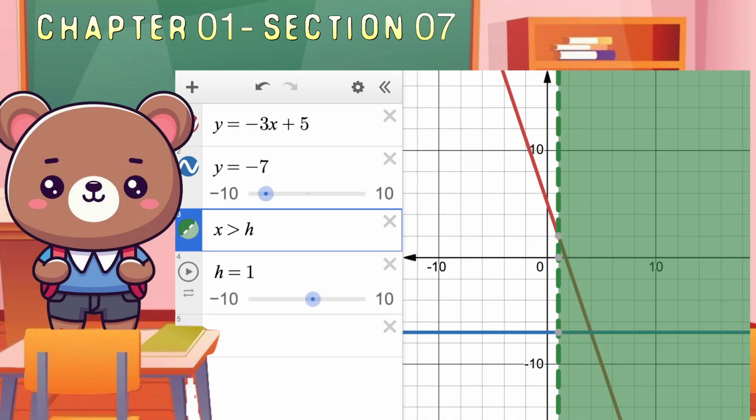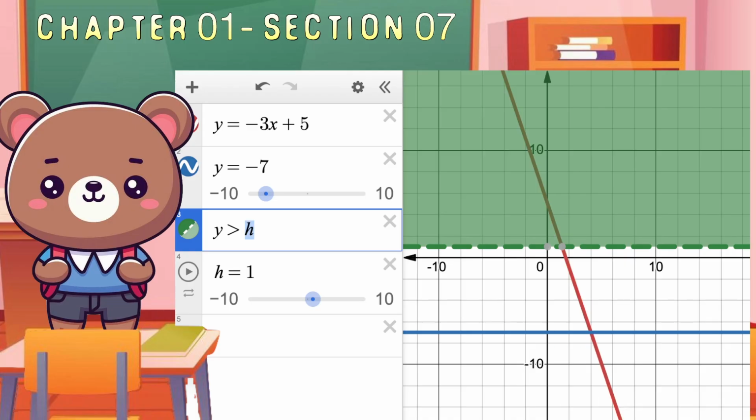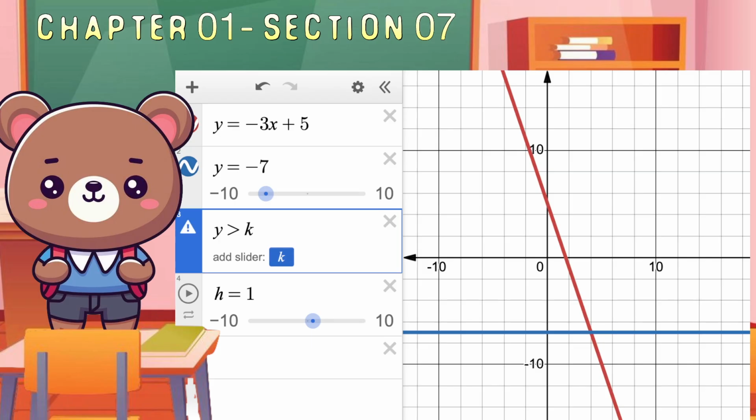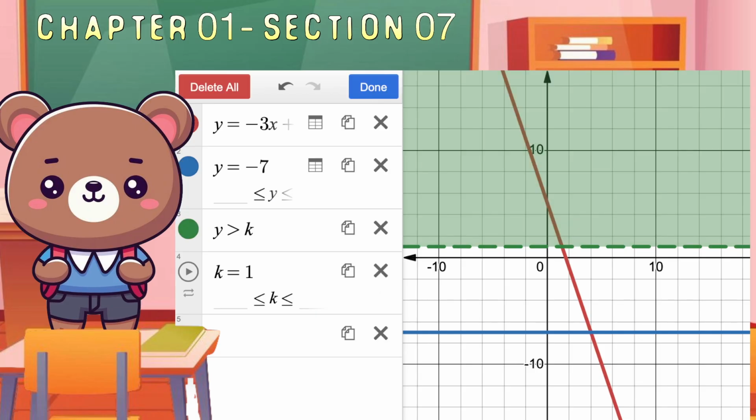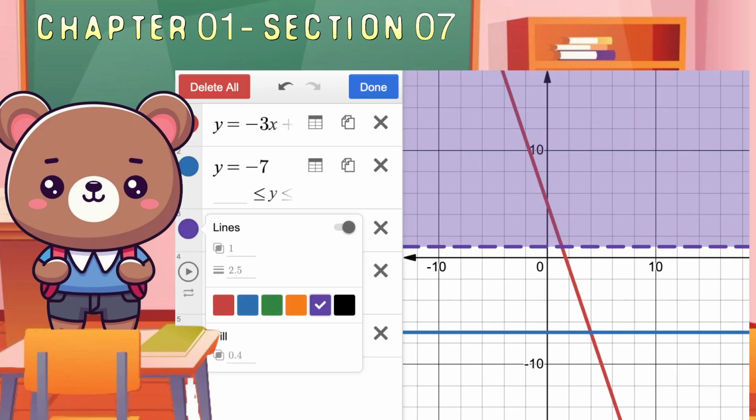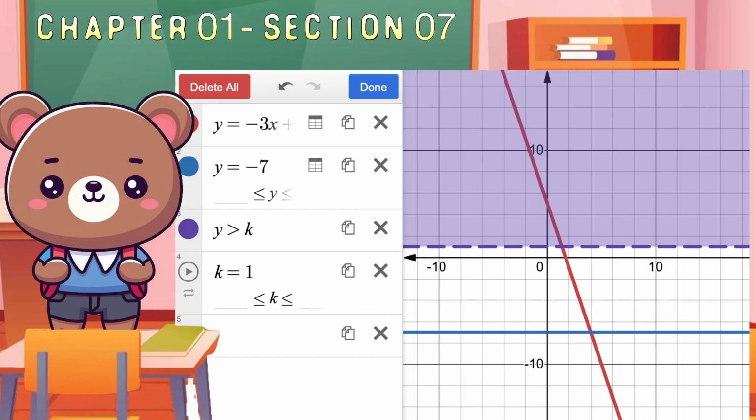Okay, but I don't want that. I guess I'll do Y. Not that it matters if it's K or H, not that any of this matters, but I'm being fussy.